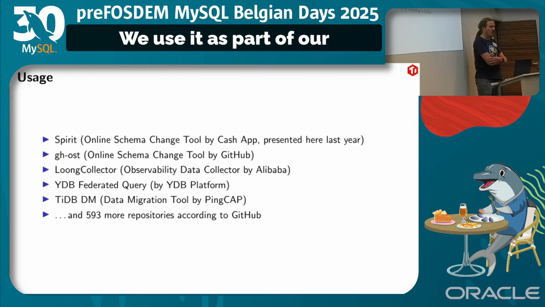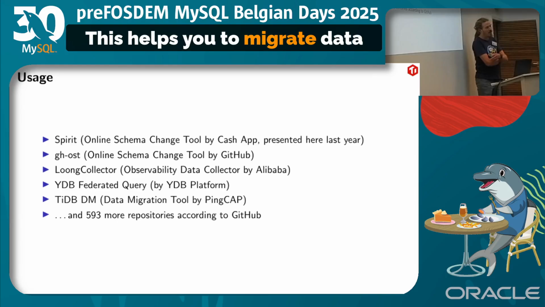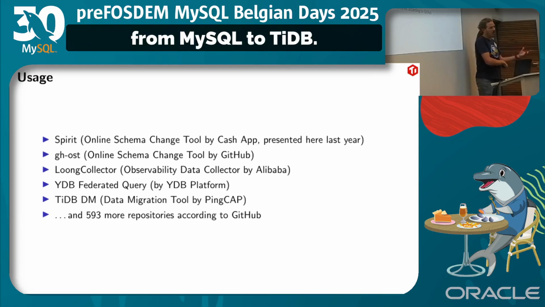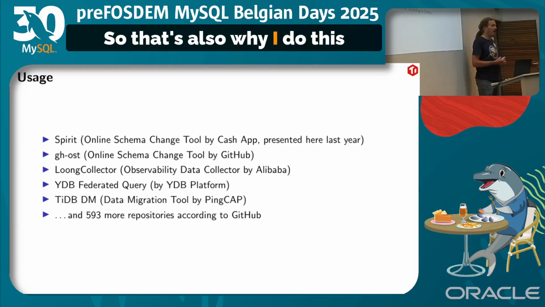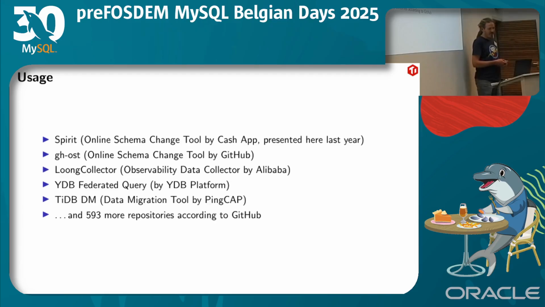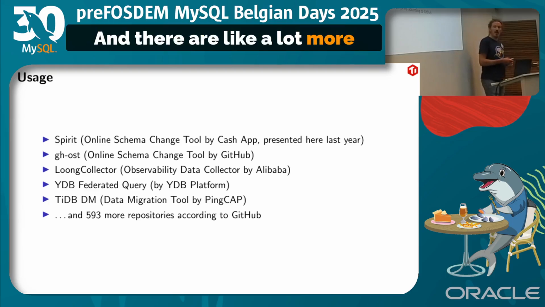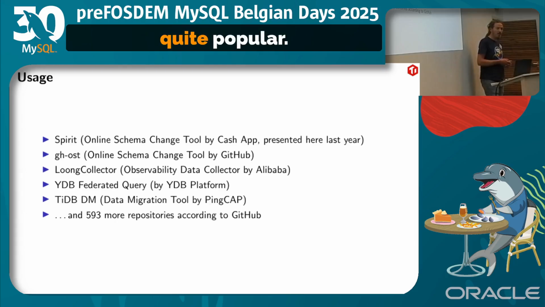We use it as a part of our data migration toolkit. This helps you to migrate data from MySQL to TiDB. So that's also why I do this as part of my day job, not just as a volunteer. And there are a lot more repositories using this library, so I think it's quite popular.